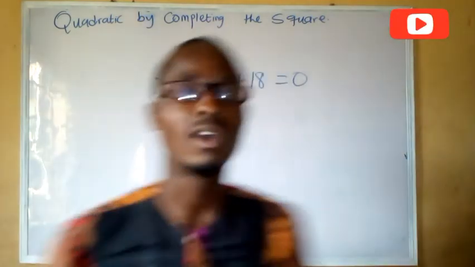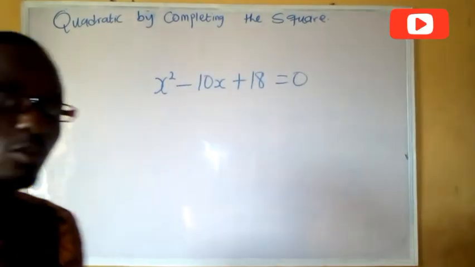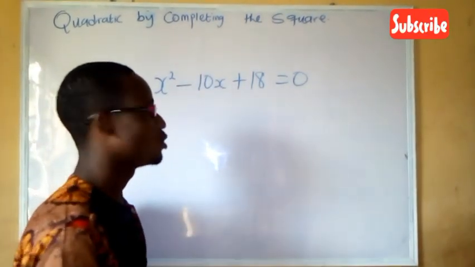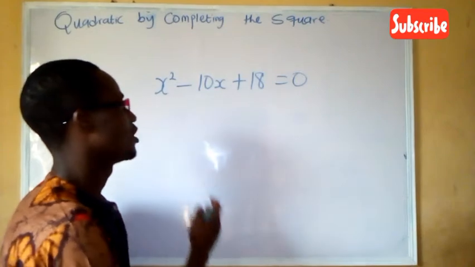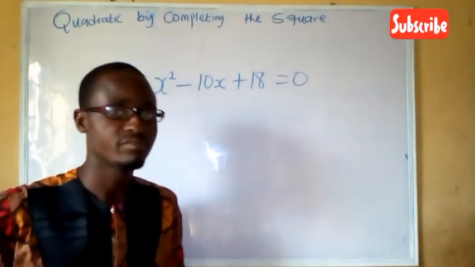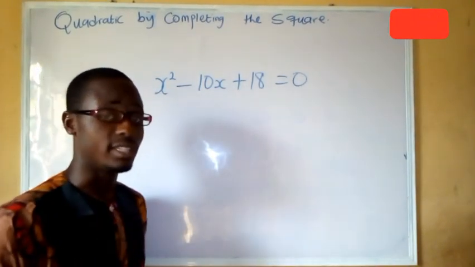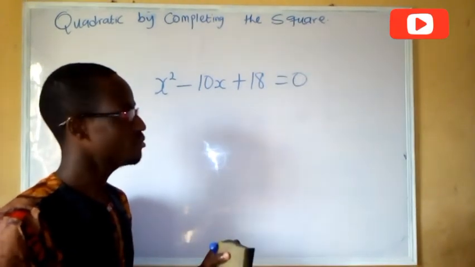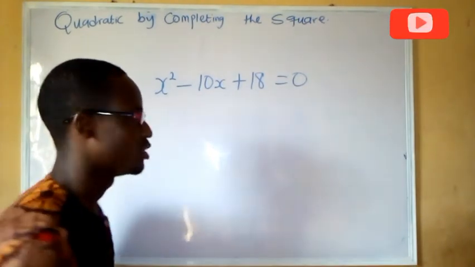Are you able? Oh, no. It won't work, because you cannot find two numbers of which the sum is going to give us minus b and the product gives us ac in this case. So what are we going to do?